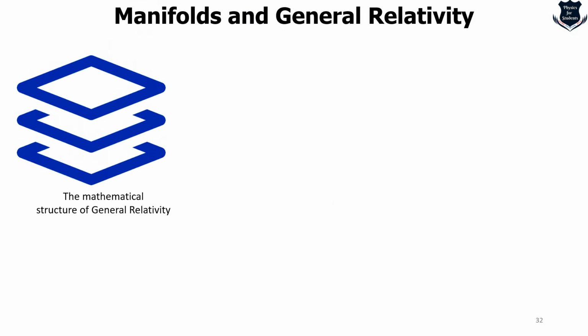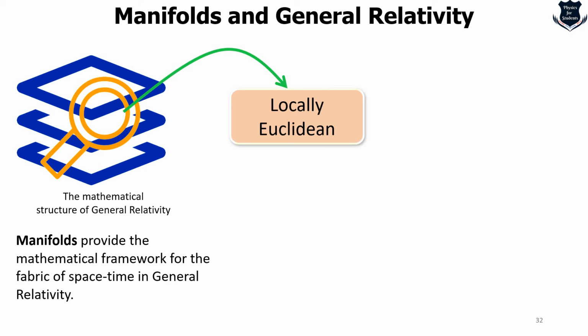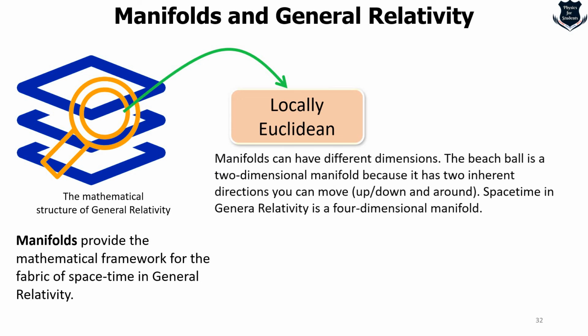So as you can see, the entire structure of mathematics is built on this manifold. And if I zoom into this manifold with a magnifying glass, what I see is just similar to what we see in daily life. That is, it is locally Euclidean. So manifolds definitely provide a mathematical framework for the fabric of space-time in general relativity.